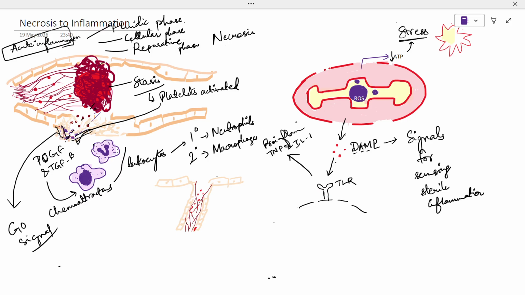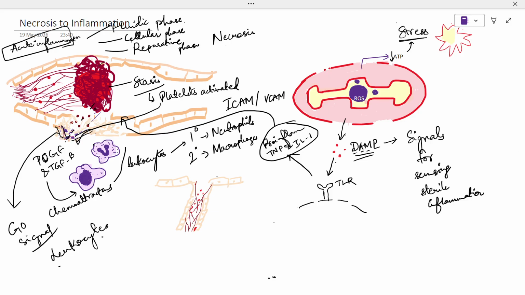So these pro-inflammatory cytokines released by the DAMPs will activate some adhesion molecules present on the endothelial cells and release them, facilitating the phenomenon called leukocyte rolling, which is followed by diapedesis.